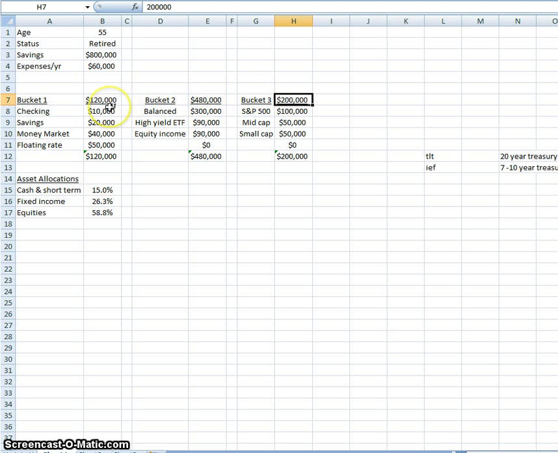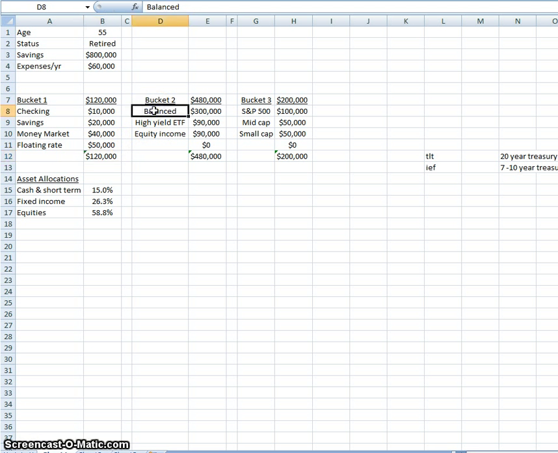So the way we've broken it down is as follows. In bucket 1, we have $10,000 in checking, $20,000 in a savings account, $40,000 in money market, and $50,000 in a floating rate fund, for a total of $120,000. And this is all hypothetical, of course, just to illustrate the points.